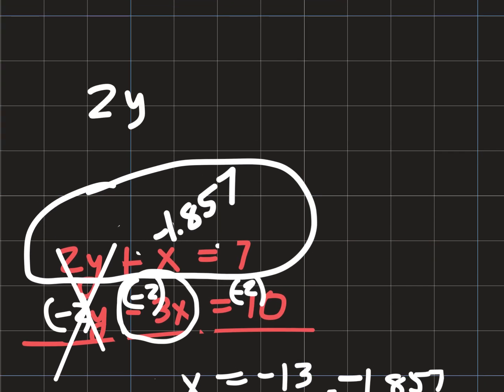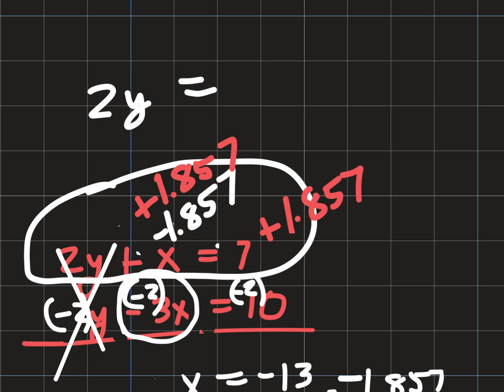So now I got 2y equals, nope. I subtracted, what am I doing? No, I got it. I'm adding 1.857 to both sides. And now I've got 8.857.